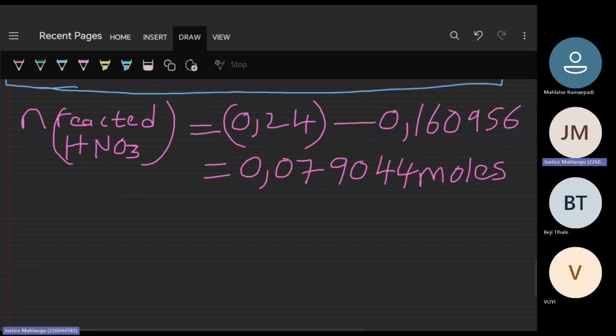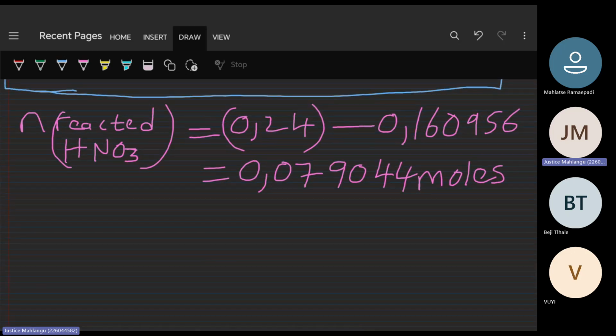But I want you to ask yourself, reacted with who? This is the most important question, the question that will help you get a distinction in the exam. This nitric acid here reacted with who?